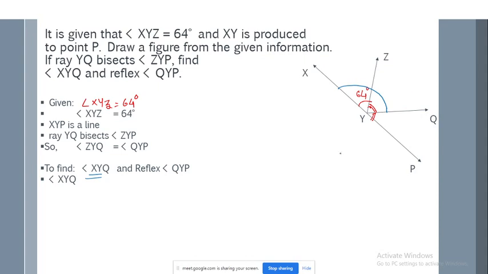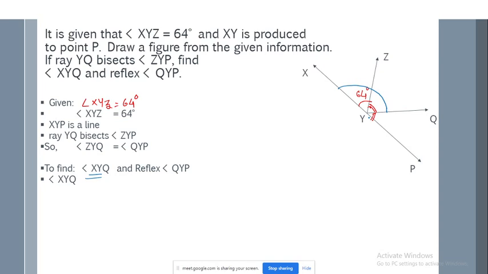Ray ZY is standing on the line XP. Then, as it is a straight line, the complete angle will be 180 degrees. But do you remember the axiom? If a ray stands on a line, then the sum of two adjacent angles is equal to 180 degrees.